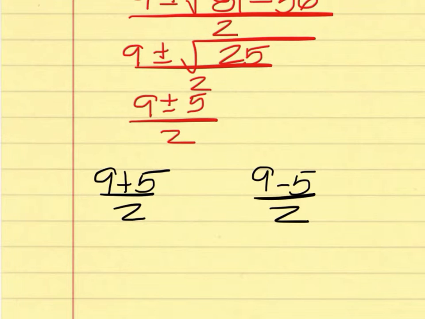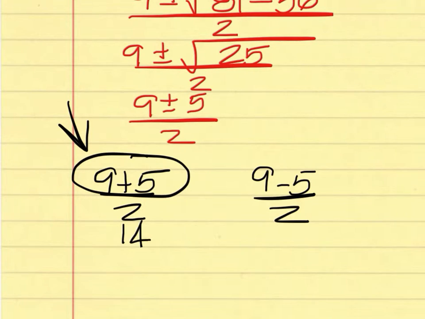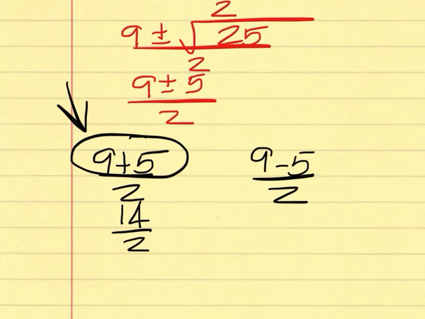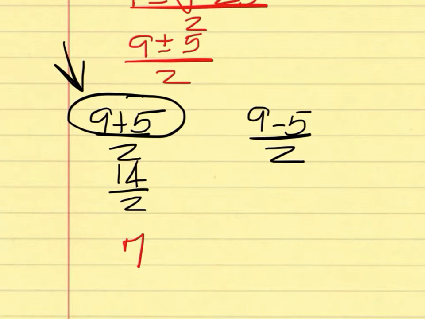What will my answer be on the left-hand side? And that goes to Woodrow. What will my answer be on the left-hand side, Owens? Well, let's see. 9 plus 5 is 14 over 2 is going to give me 7.